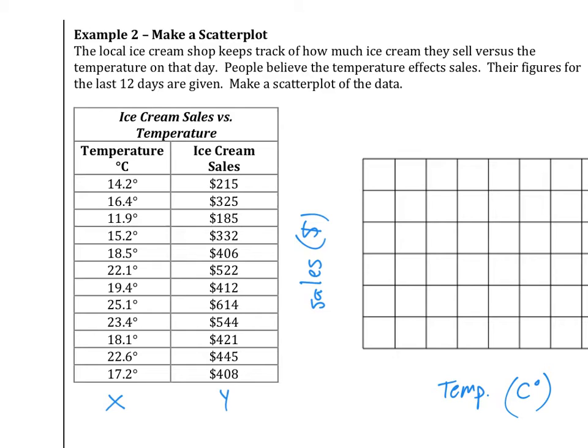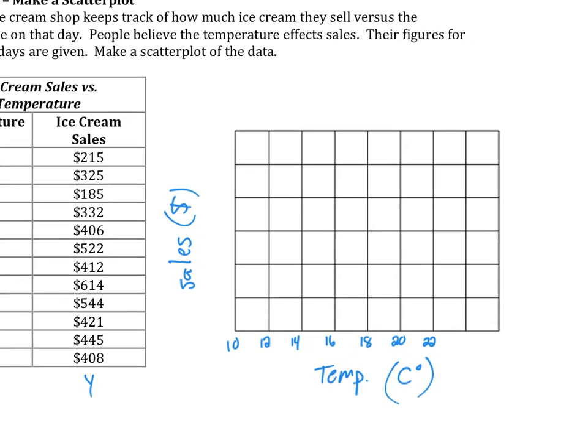We'll use a dollar sign for sales. For the temperature, this will work if we go from 10 up to 26: 10, 12, 14, 16, 18, and so on.